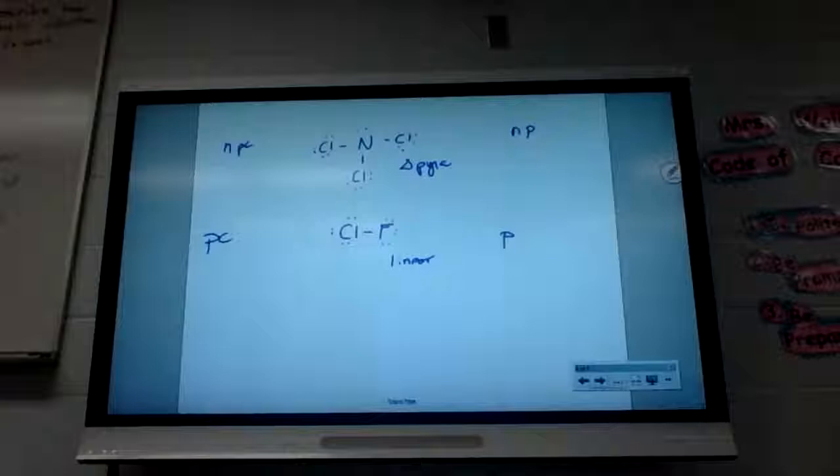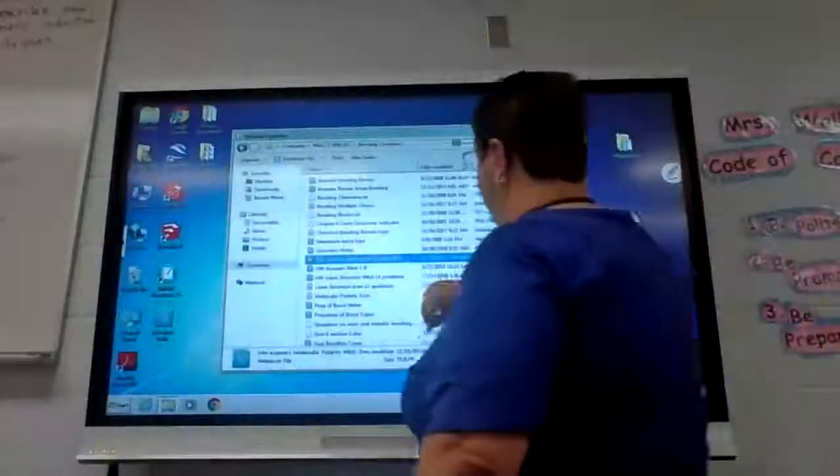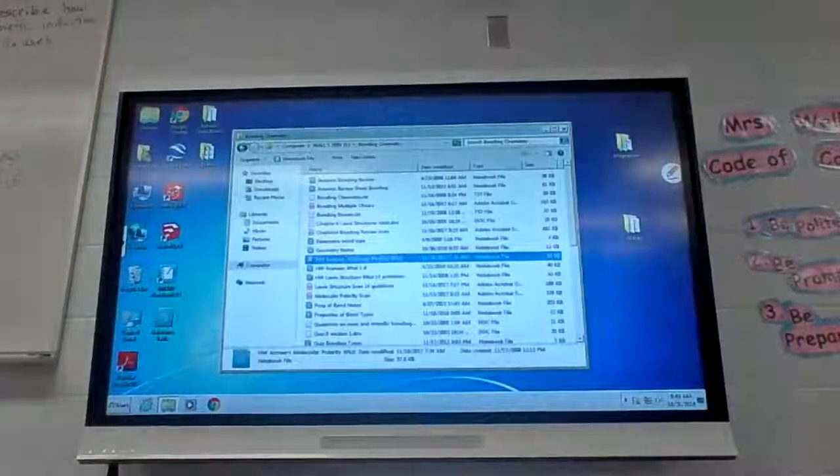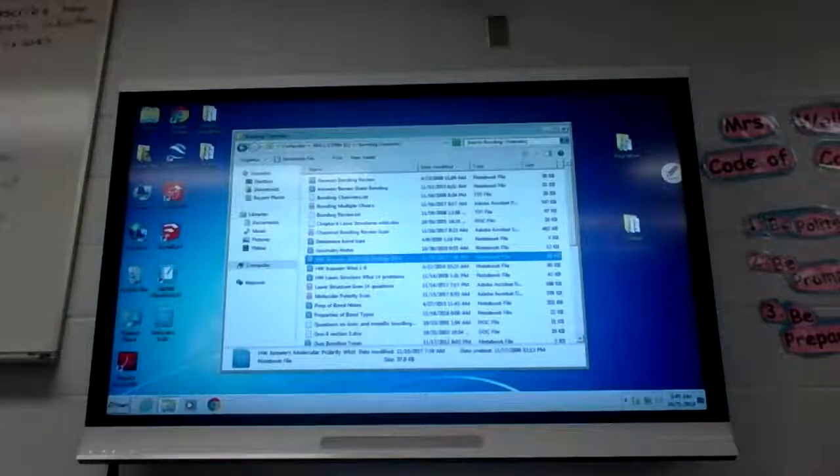Here, walk over here and get it. There you go. I need to make y'all a new periodic table while I'm thinking about it for the test. How's that on the back? Periodic table.